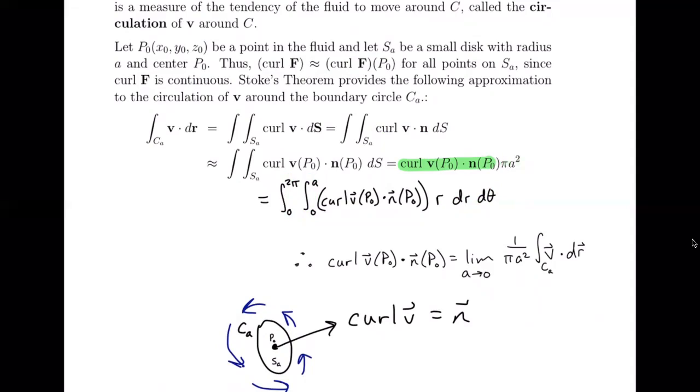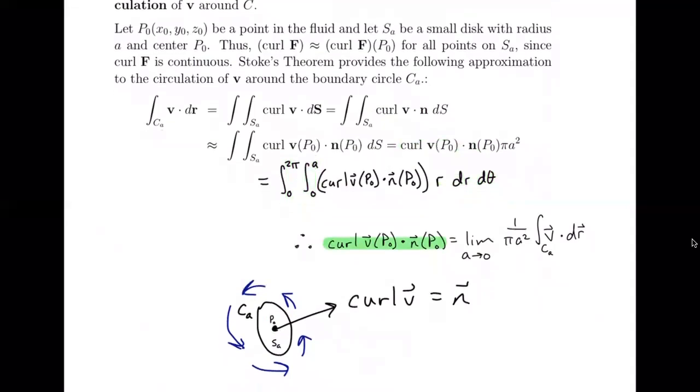Okay, and then lastly, what we do with that, we conclude in this line that the curl of the vector field at P naught dotted with the normal vector at P naught is equal to the limit as a goes to 0 of 1 over pi a squared of the circulation integral.